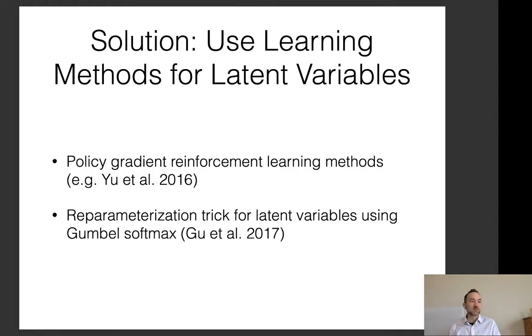Because I know we haven't covered these extensively in class, just to give the basic idea of the way these work, when we calculate discrete latent variables, we have to make decisions using an argmax function.